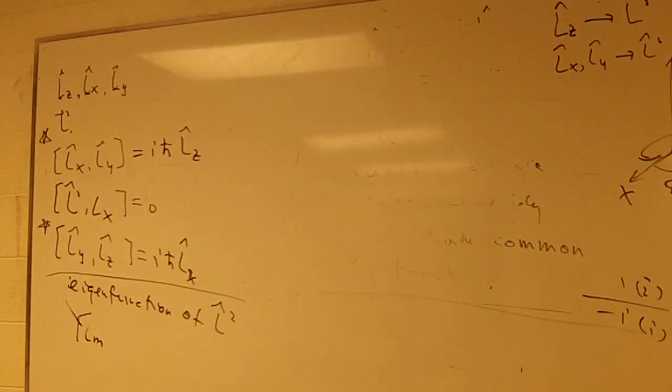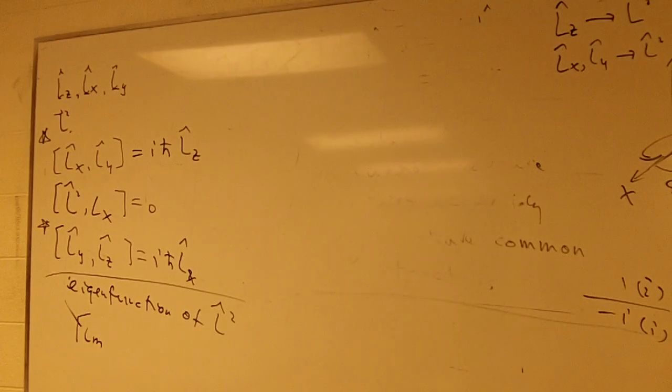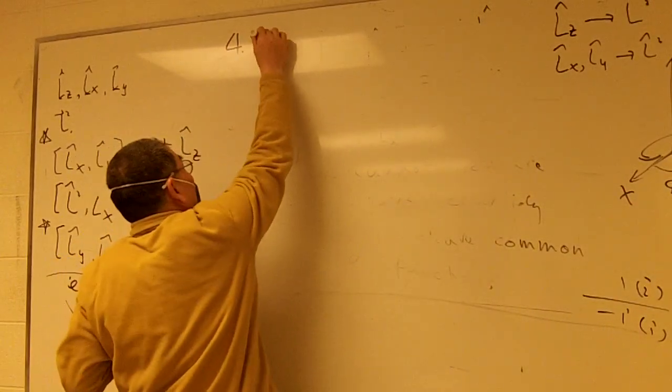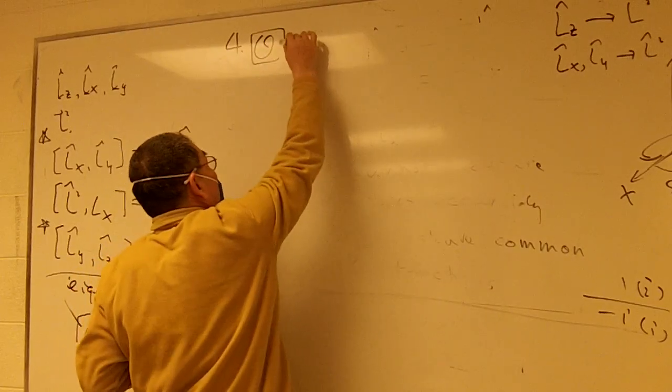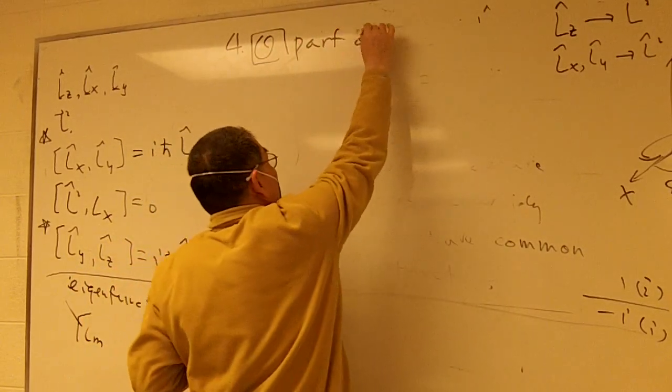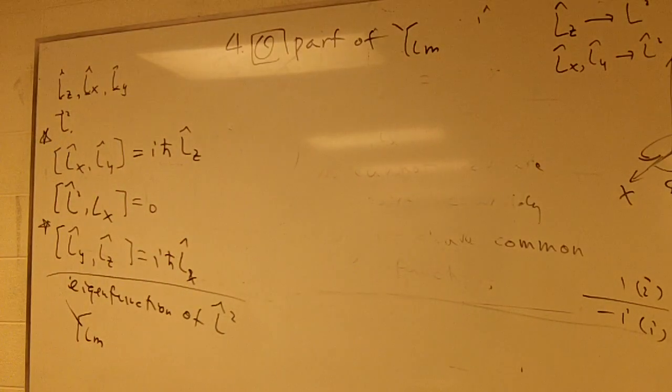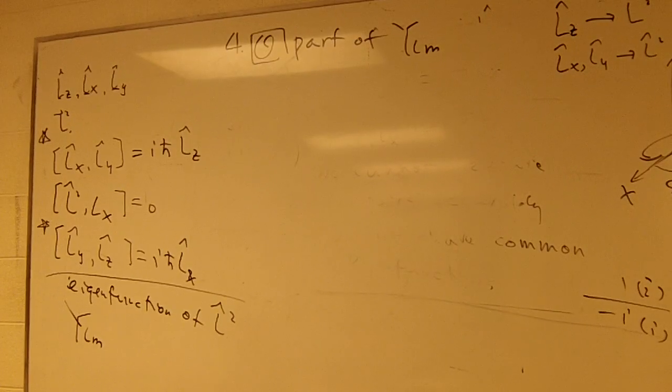Number 3 was just a summary; it was not deriving, it just showed you what it looks like. Number 4 is going to show you the theta part of Y_ln. So the theta part is the Y_ln.